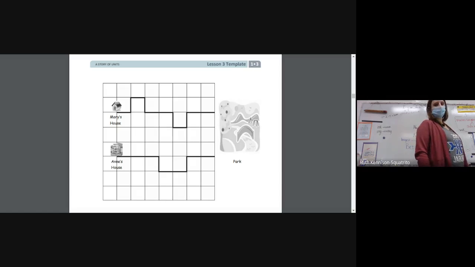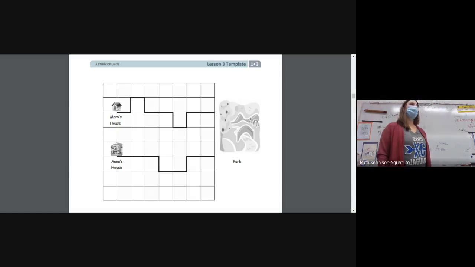Why? Why would you take the shortest path? Because it's shorter. So do you think the longer path is going to take more time? Louise, you need to stay in your own space, please.